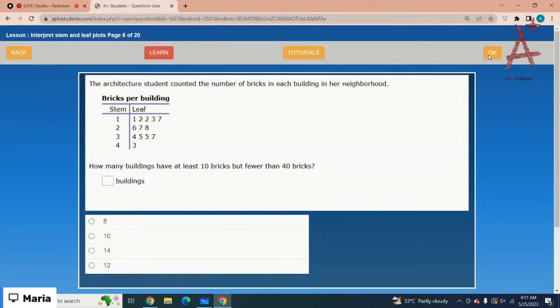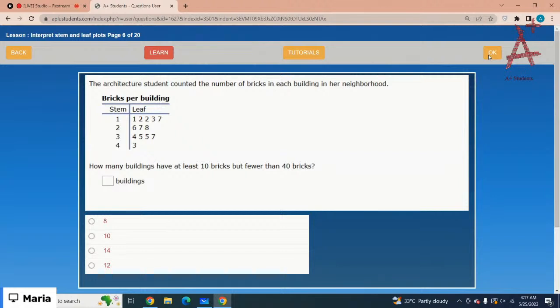Okay, the next one is the architecture. The architecture students counted the number of bricks in each building in their neighborhood. How many buildings have at least 10 bricks but fewer than 40 bricks? So which is the correct option?